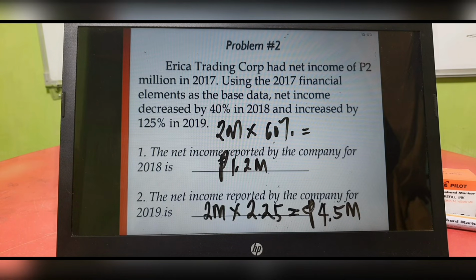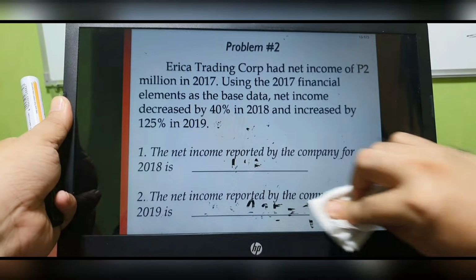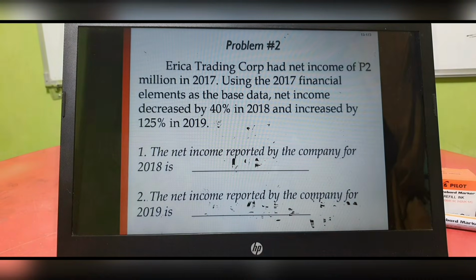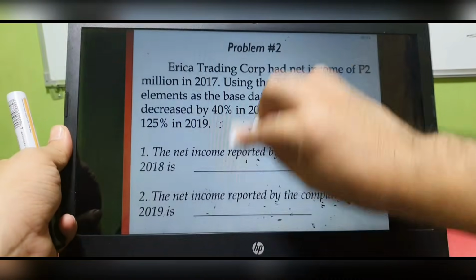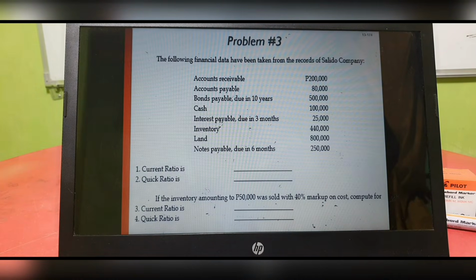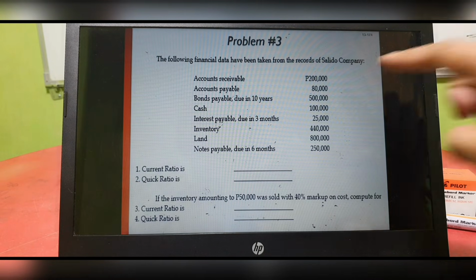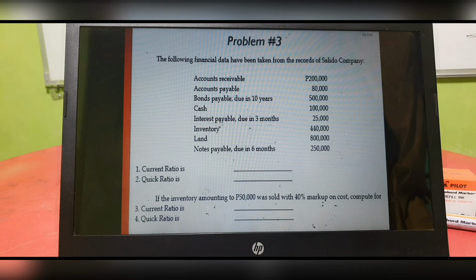Let's proceed with problem number 3. Erase lang muna natin. Problem number 3. We are asked for the current ratio and the quick ratio. So, out of all the given here, so we have the current ratio.